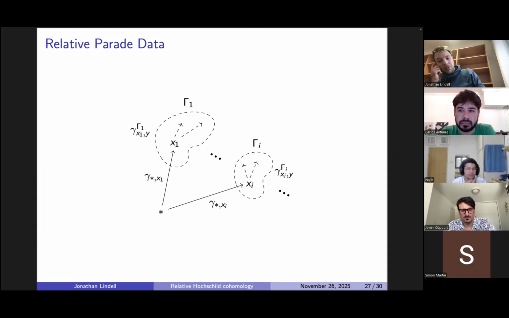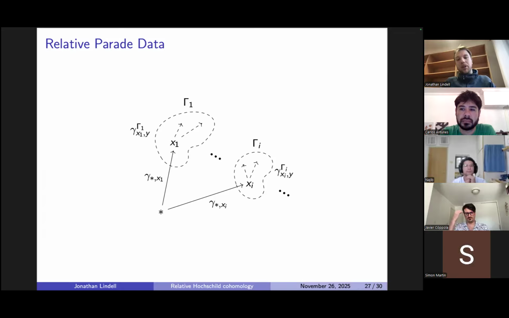A relative parade data is then defined to be a parade data where in each connected component we fix a base point and pick the parade data there as normal. We pick it locally in each connected component of B, and then to make this global, from our global fixed base point star we pick a walk to every local base point.